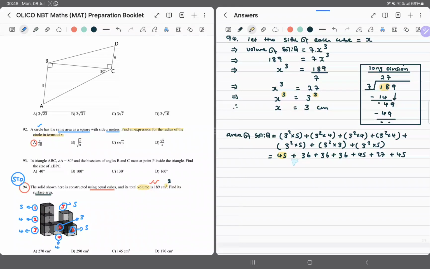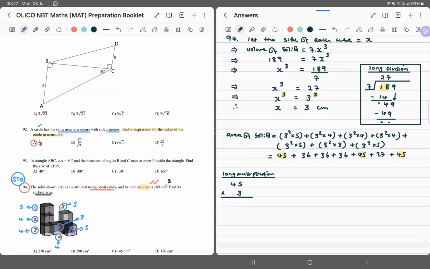45, 45, and 45 here. So this is 45 times 3. So we can do long multiplication here. Of course, guys, I'm sure probably you know how to do this fast, but let's just consider that person who is not as quick as all of you.